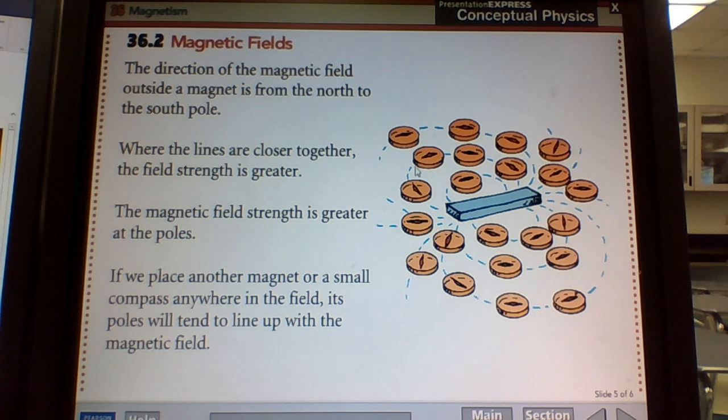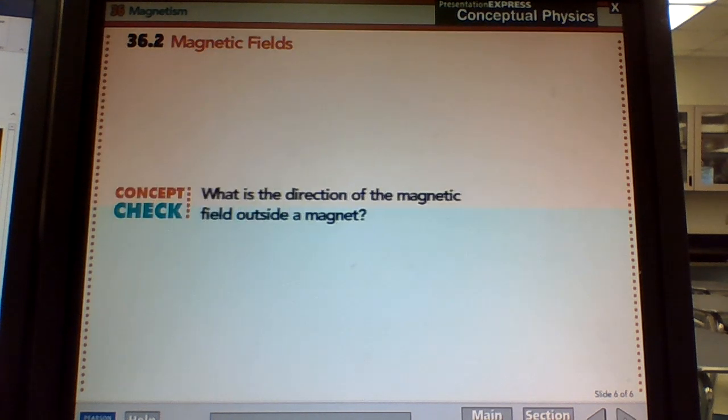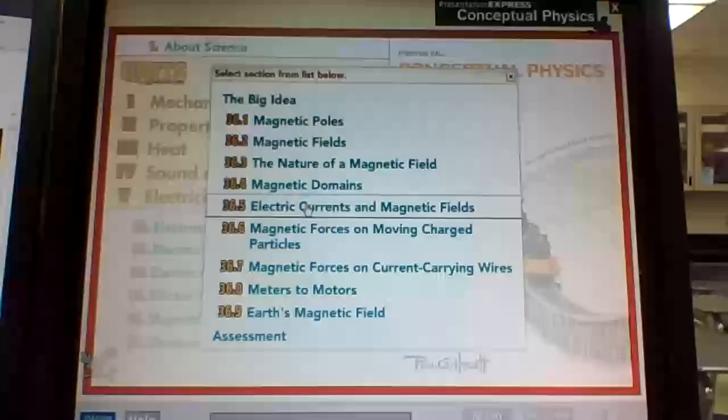And so you can see all of these compasses are aligning to those magnetic field lines. So what is the direction of the magnetic field outside of a magnet? It always heads, again, from the north toward the south.